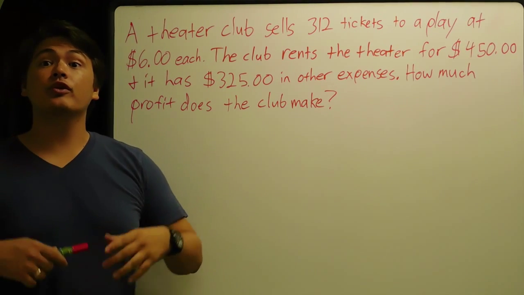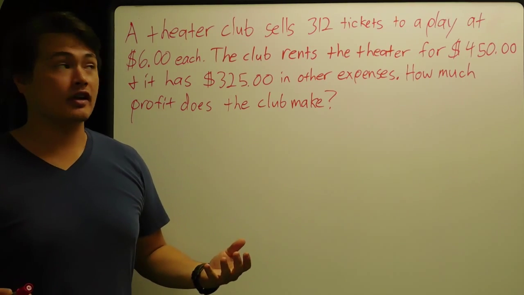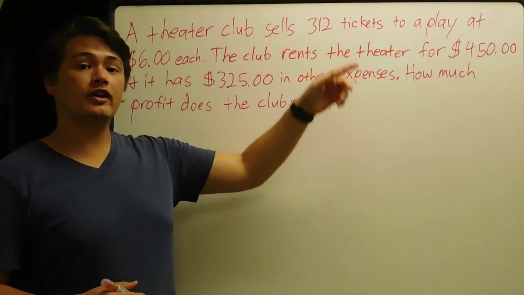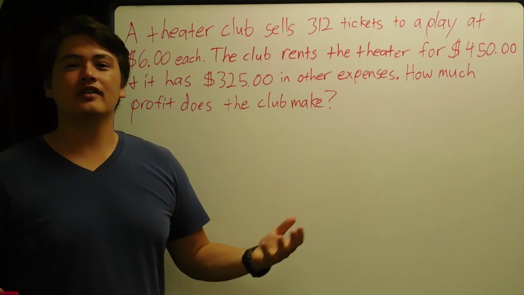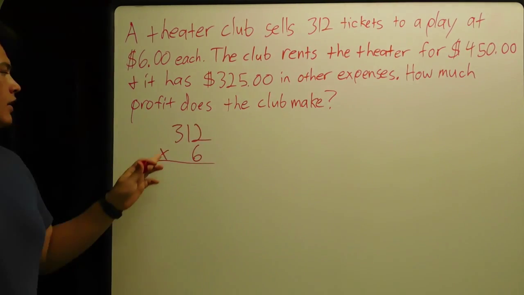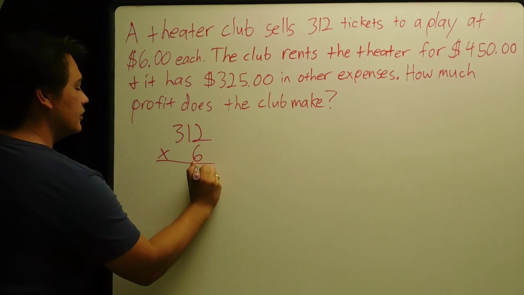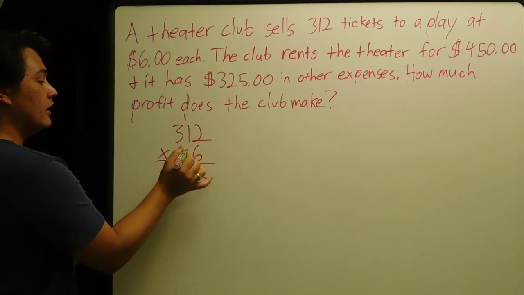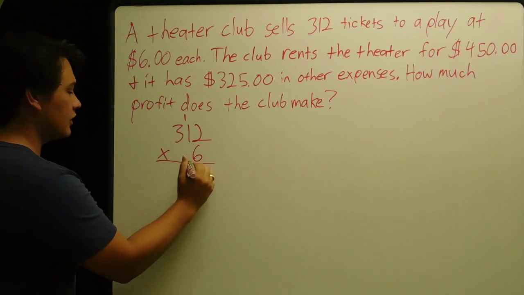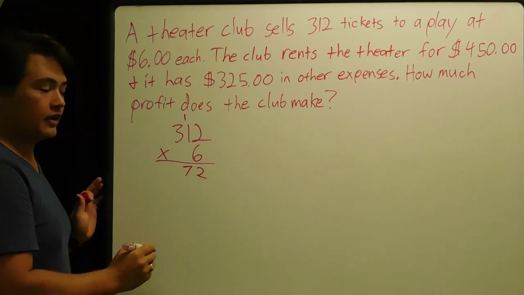So what we're going to do is calculate how much money they are making from the tickets. They sold 312 tickets for $6. That means 312 times 6 is how much money they made. 6 times 2 is 12. 6 times 1 is 6 plus 1 is 7. 6 times 3 is 18.